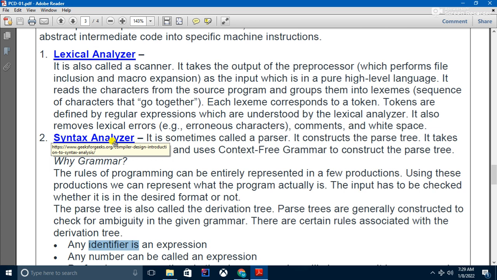The input to the syntax analyzer will be a group of tokens, and the output will be the parse tree, which uses the context-free grammar to understand the meaning of the sentences formed from the tokens produced by the lexical analyzer. So in this way, the syntax analyzer works. In the next video, we will discuss the remaining phases. Now this is regarding the lexical analyzer and syntax analyzer.